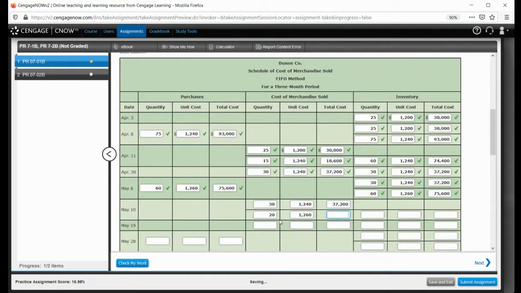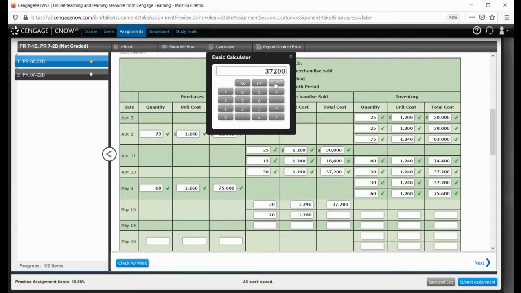And we're going to have to record the total cost of those, so we need to calculate the amount. So I'm going to put in 20 units times $12.60. This is where the information is right here. 20 times $12.60 is 25,200.